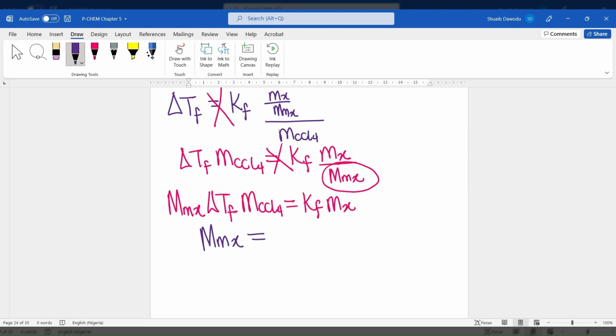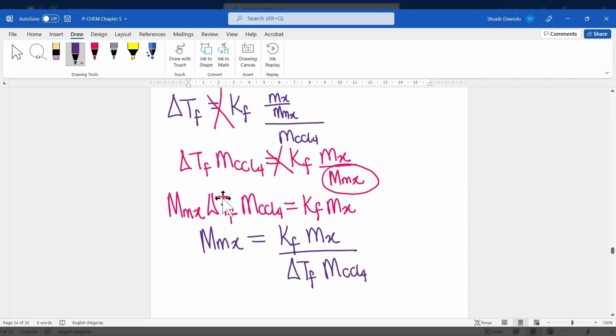When you do that, you end up with MM sub X equal to K sub F, which is the freezing point constant for CCl4, the solvent, multiplied by the mass of the unknown, divided by the freezing point depression value that was given, multiplied by the mass of CCl4. So yeah, that's it. Now, when we go back to our question, we see that we have all the values that we need to solve for the molar mass of the unknown compound.